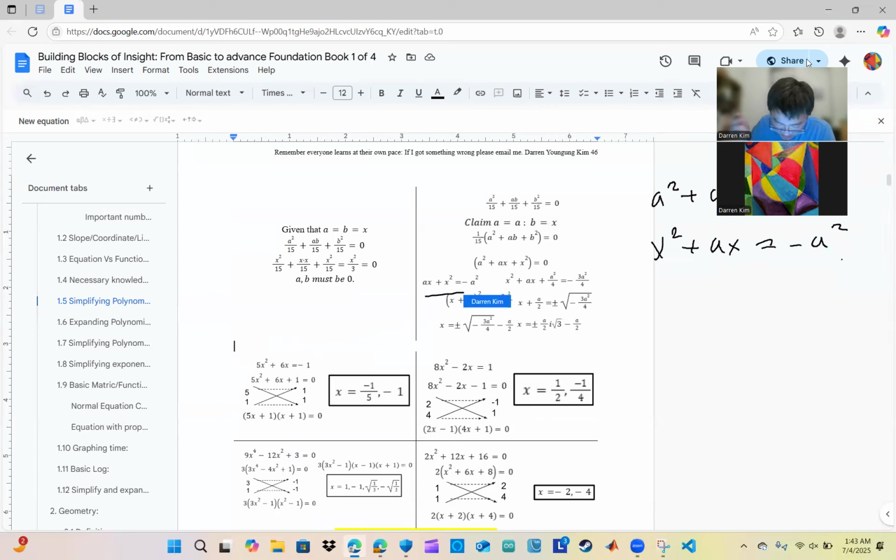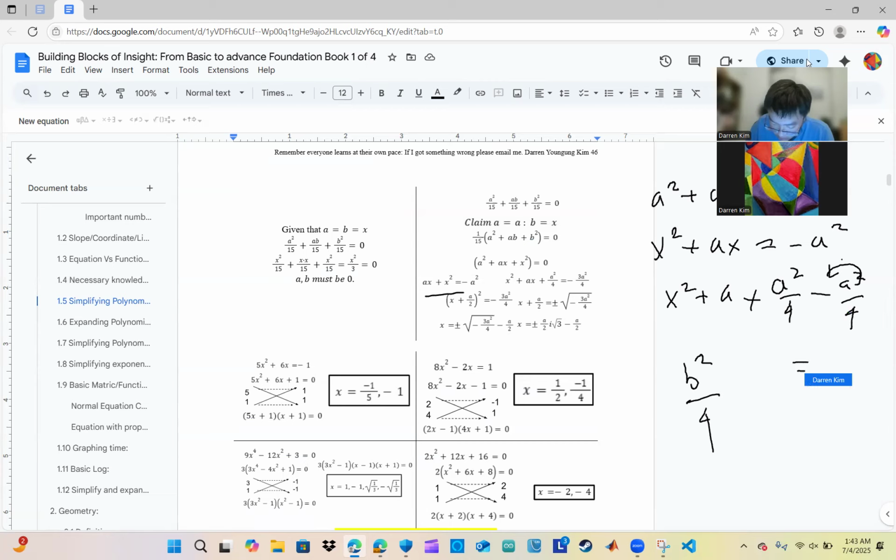I should have changed it, but it doesn't matter. Then you can realize that through the completing the square process, this is a squared divided by 4, which then you can bring back. No, you should not bring. And then you have to do a squared minus 4 equals minus a squared.